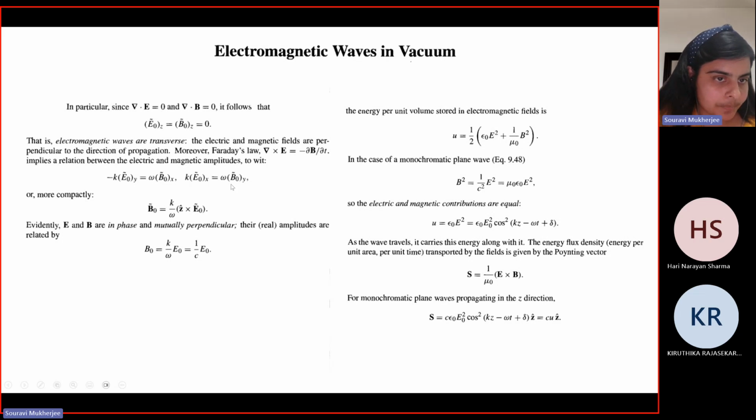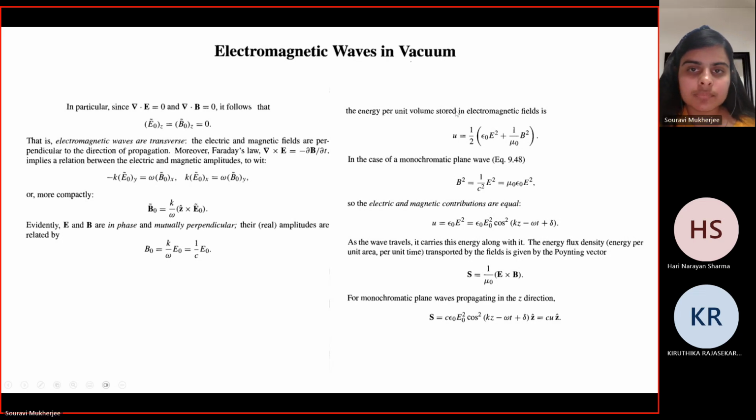So in a more compact way, you can write it in this fashion. k z-hat gives you the propagation direction, E is your electric field, and this is the relation which the electric field satisfies with the magnetic field. They are in phase and mutually perpendicular. So in questions, if the electric field is given, you can use this relation to find the magnetic field.